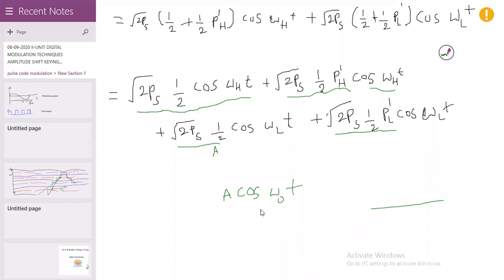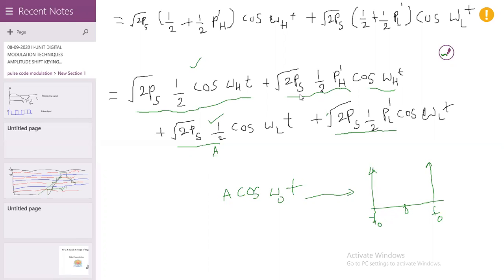Similarly, the components obtained are one at f naught and another at minus f naught, with center frequency 0. This is the spectrum of A cos omega naught t. For both cases you will get this type of spectral components.